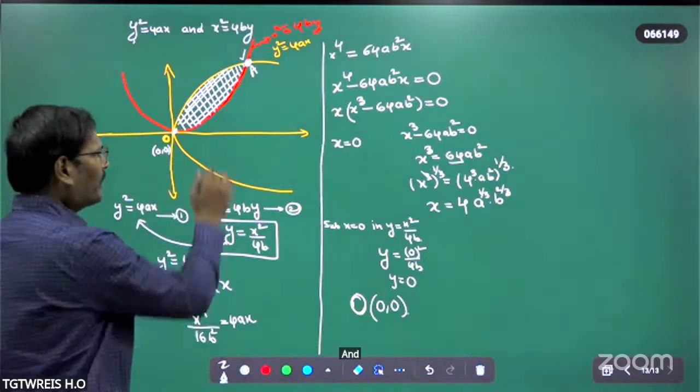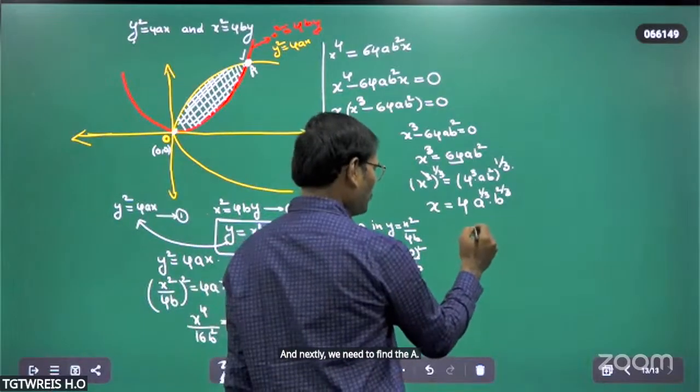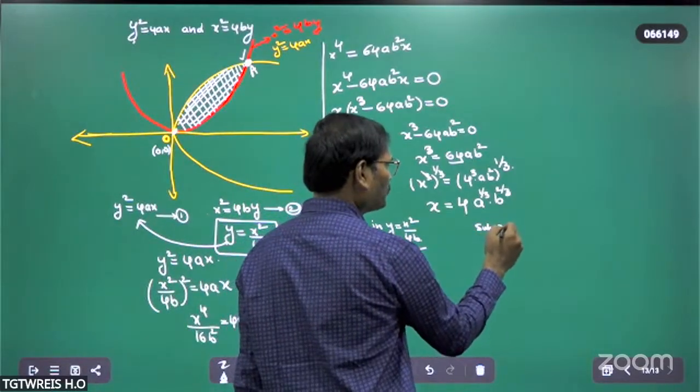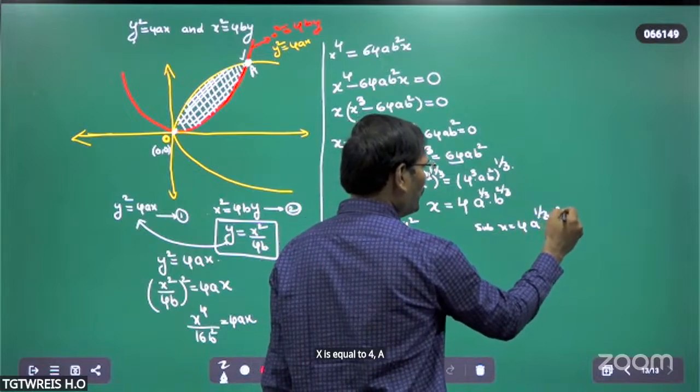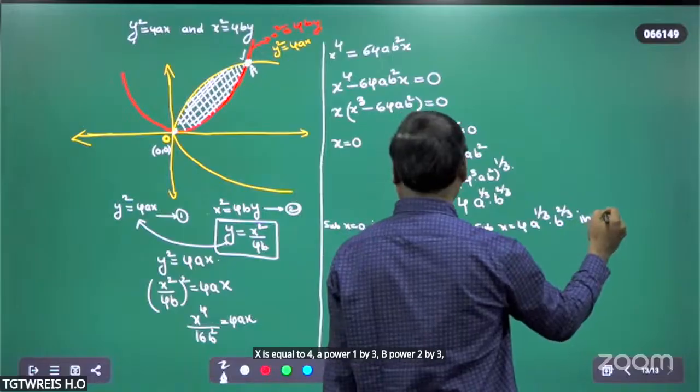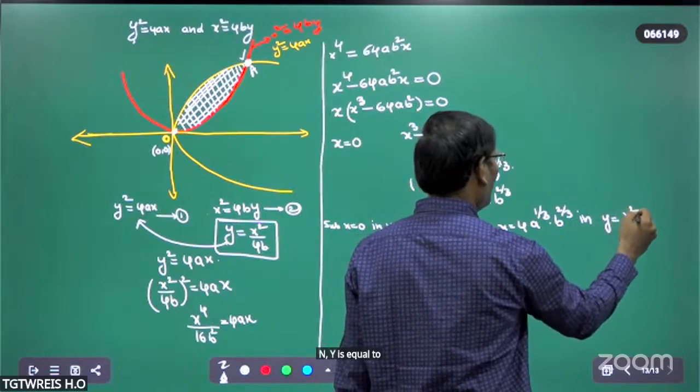And next we need to find A. Substitute x is equal to 4 a power 1 by 3 b power 2 by 3 in y is equal to x square by 4b.